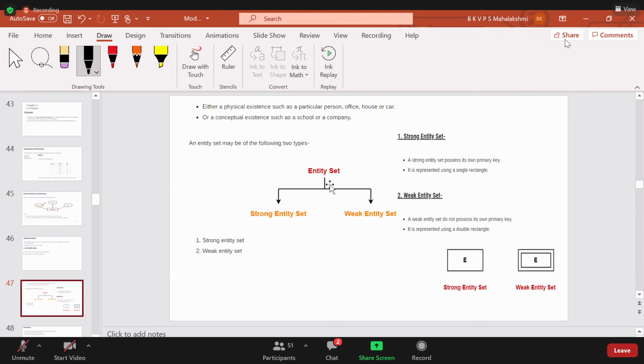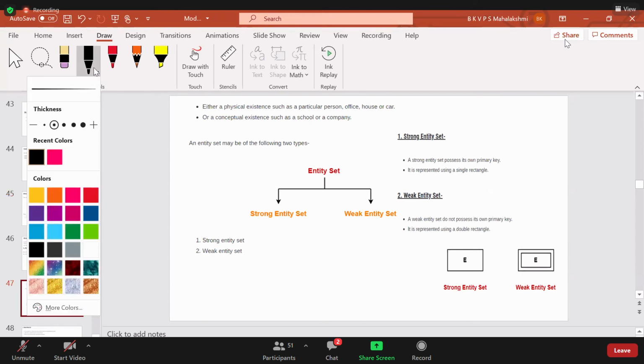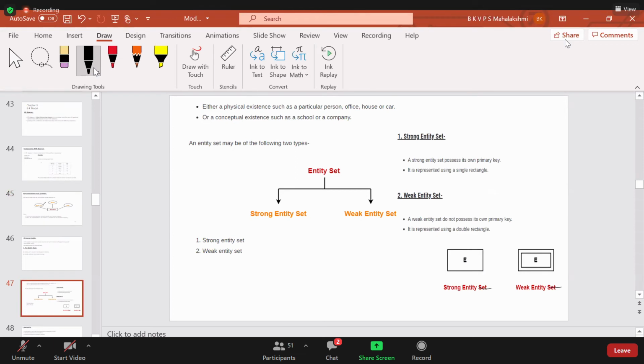See here, entity set, strong entity set and weak entity set. A strong entity can be represented within a single rectangular line, but a weak entity can be represented with a double rectangular one.